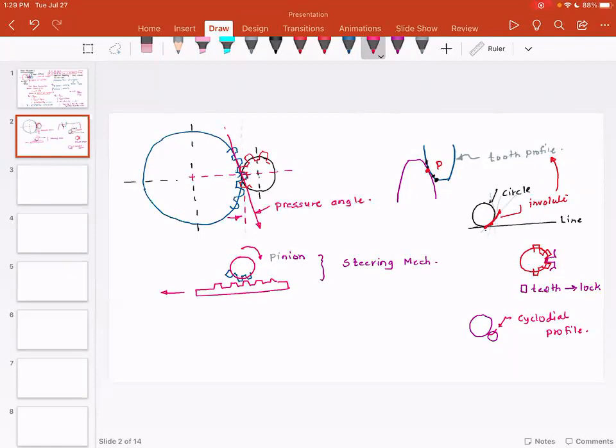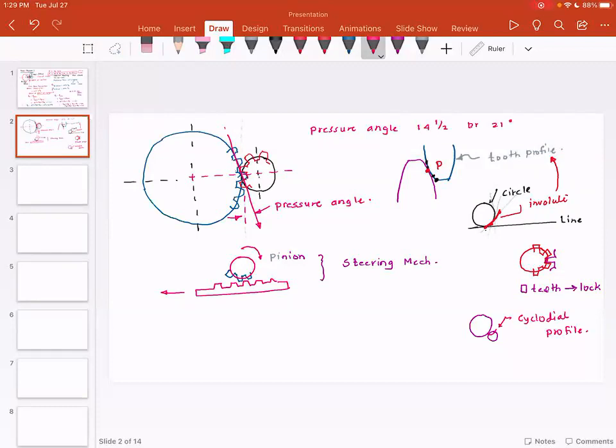In the case of friction wheels, pressure angle is 0 degrees. In the case of gears, your pressure angle can be usually 14.5 or 21 degrees.